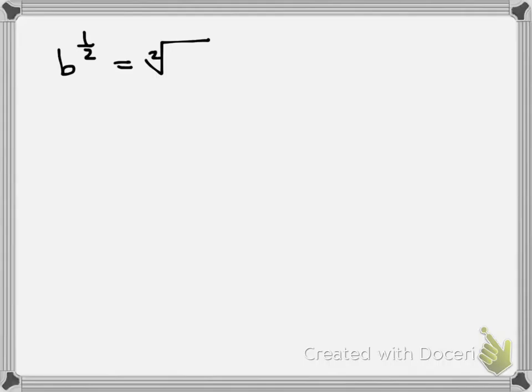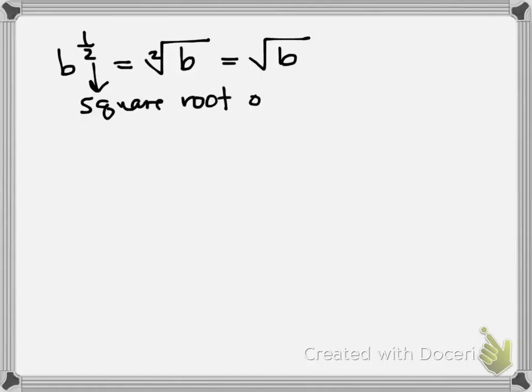So in the middle it would look like this, but we actually don't ever write the 2 inside the index. If there is nothing written, we know it means square root. So 1/2 power means the square root of. So the relationship can go back and forth. I can write the square root of b as b to the 1/2 power, and I can write b to the 1/2 power as the same thing as the square root of b.